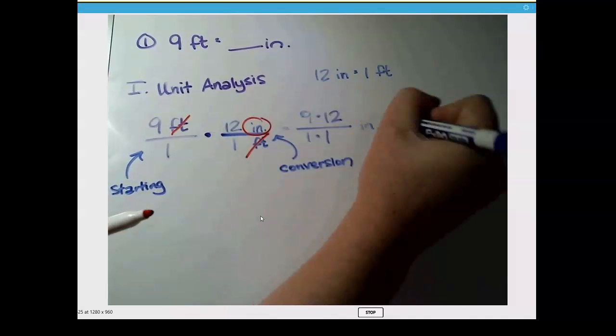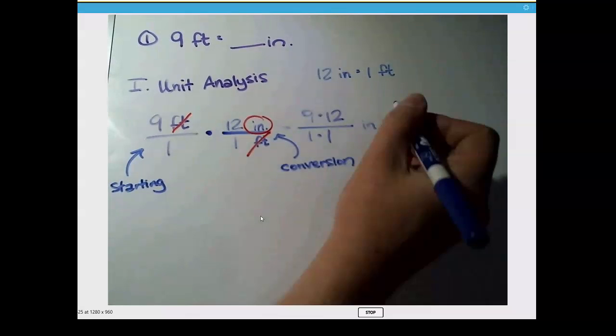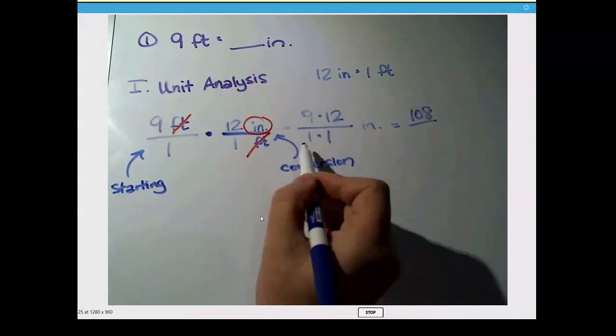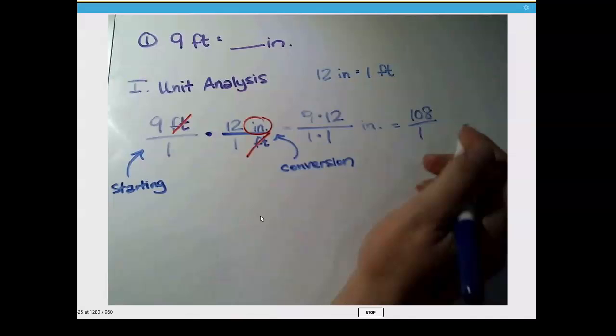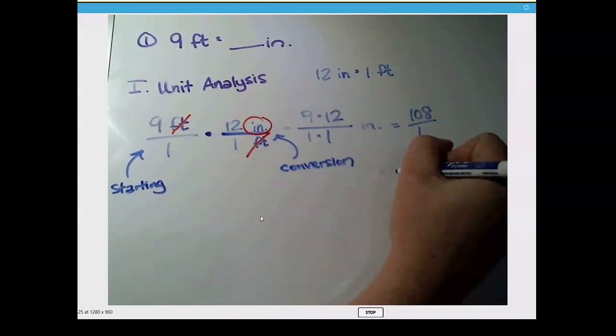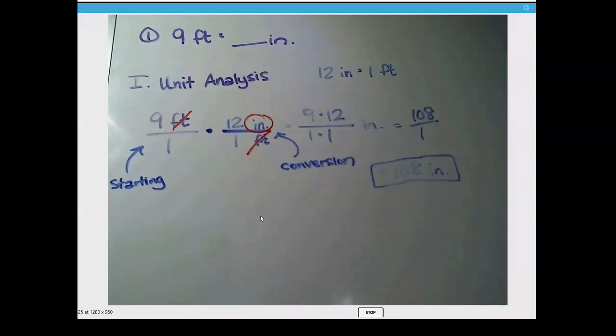So that gets put on the end of your answer. So 9 times 12 is 108. 1 times 1 is just 1, which means that we can simplify this and just make it 108 inches. And that one's done.